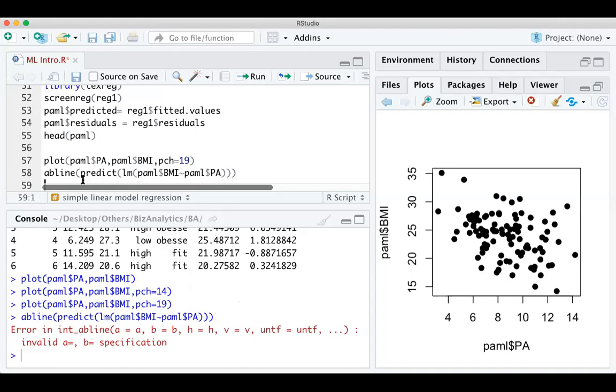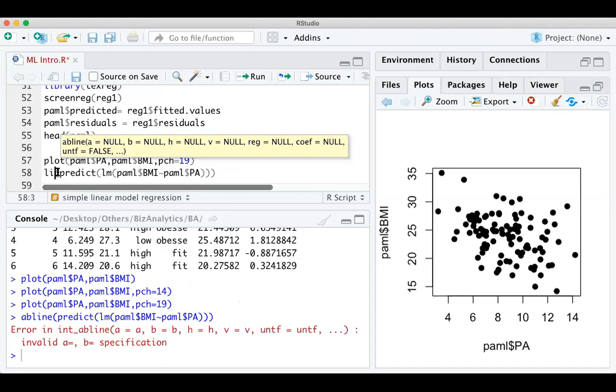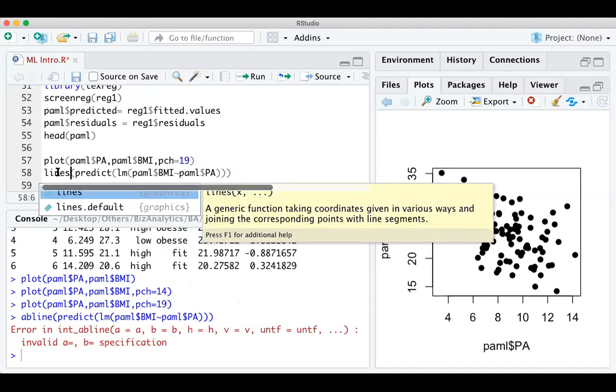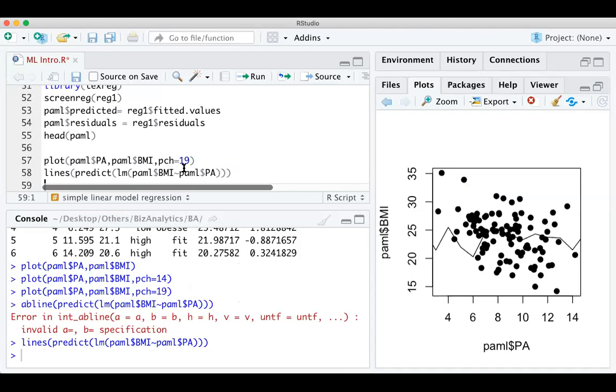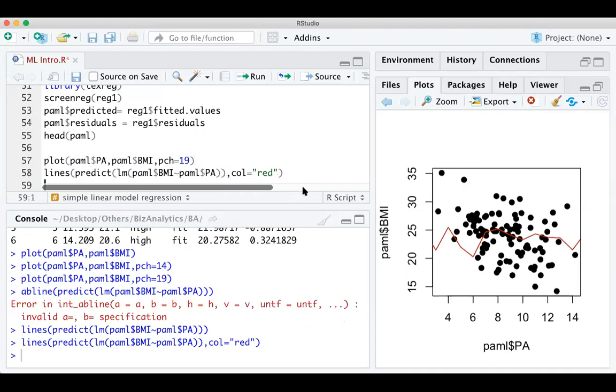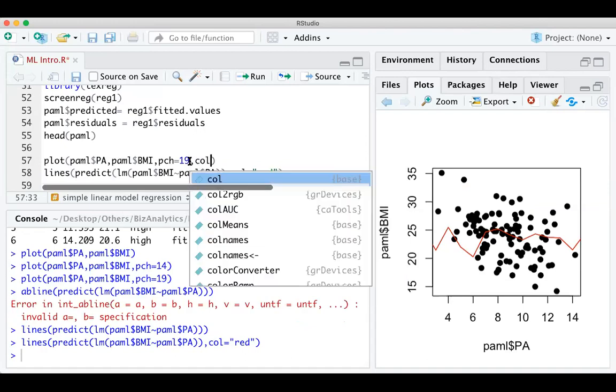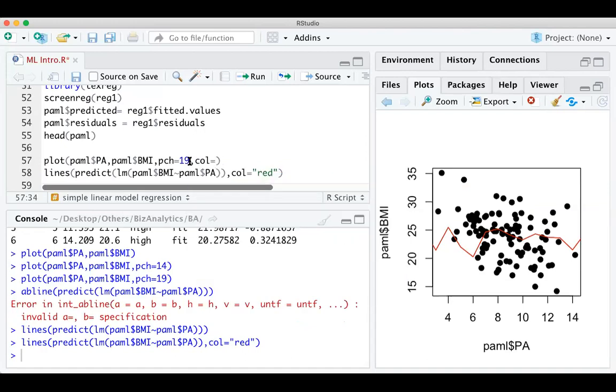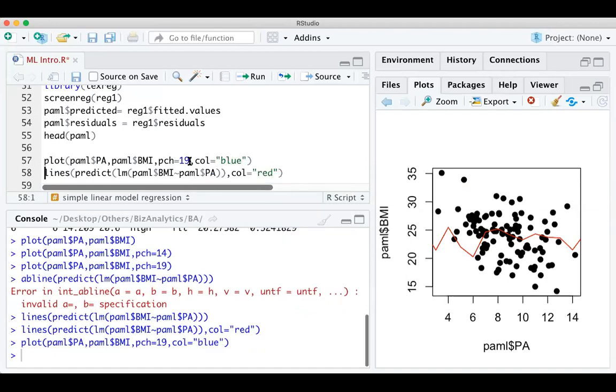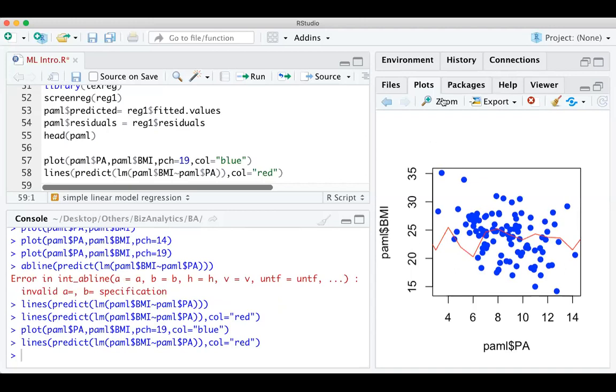It says something wrong. Okay, let me take lines. Yeah, lines will work better. So this is what we call predicted. Now, if you want to set a color, you can make color equal to red. Okay, let me make the color equal to blue. So we can figure out where things are lying, right? So this is how it looks like.